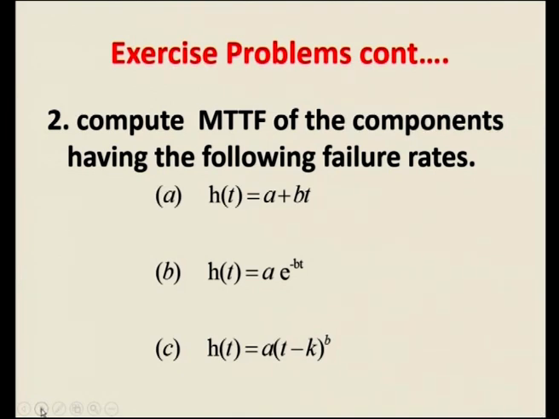This is the linear hazard rate model. Second one, h of t equal to a e power minus bt. This we have already seen in an example. And third one, subdivision C, h of t equal to a times t minus k, whole power b.